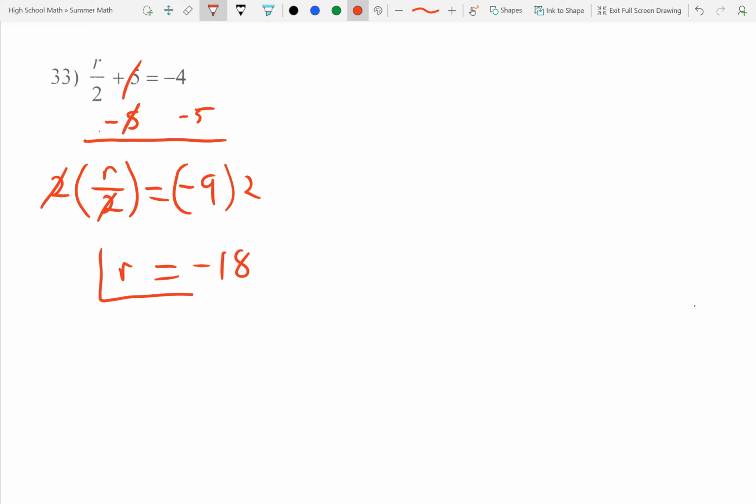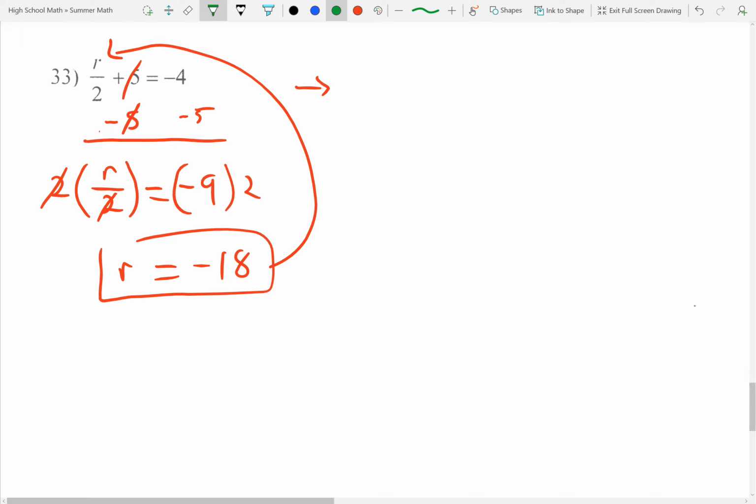We could take this negative 18 and substitute it back into our original statement in place of r. Instead of r over 2, we have negative 18 over 2 plus 5 equals negative 4. The difference between our original statement and this green statement here is we've simply substituted r to be negative 18.